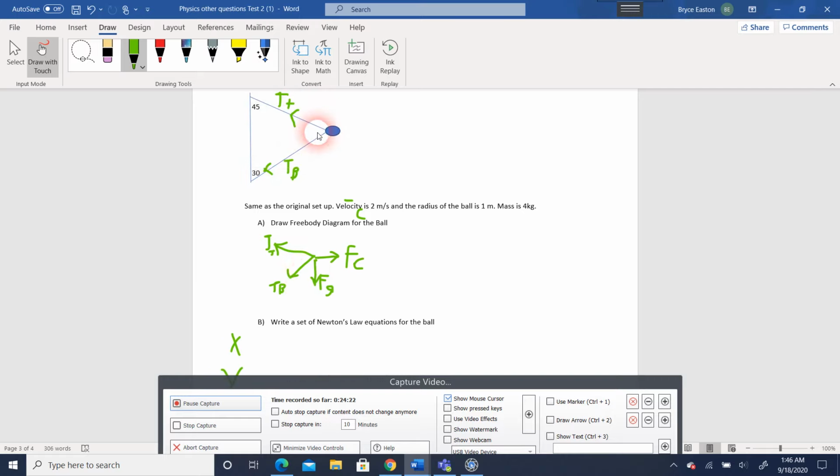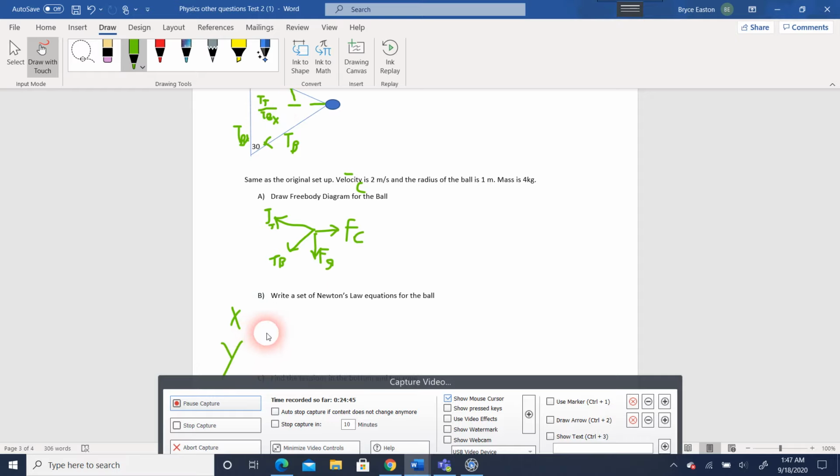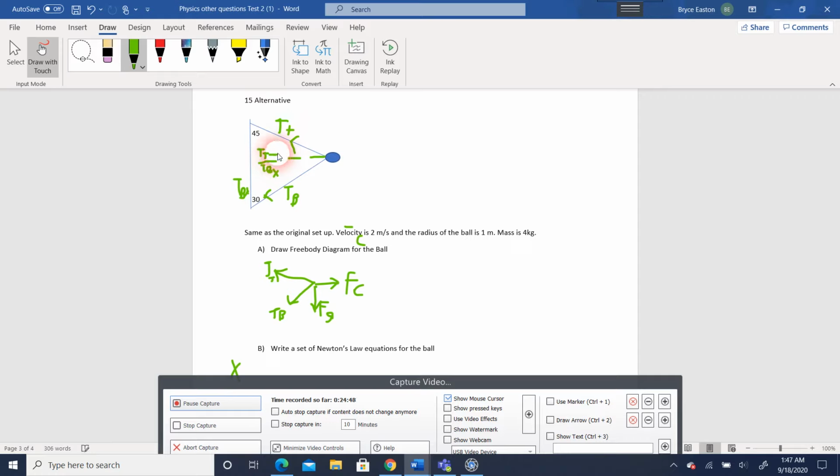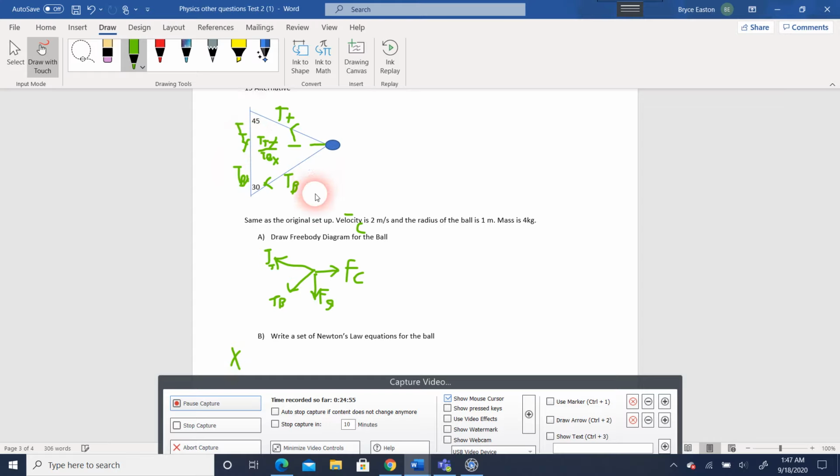What we are going to do is split these up into TBX and TBY, split this into X and Y. The reason for splitting the tension into X and Y is so they can fit into these X and Y equations.